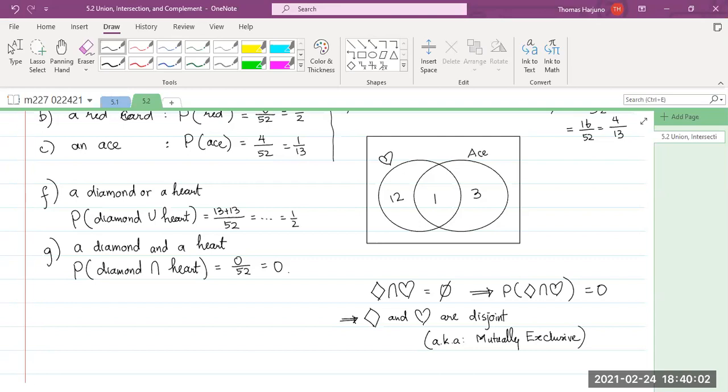Okay, I can work at West LA College from home, which is what I'm doing right now. Okay, but I cannot be at home and be at West LA College at the same time. Okay, that's mutually exclusive.